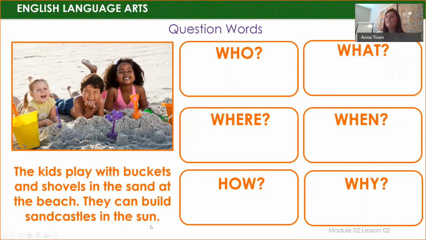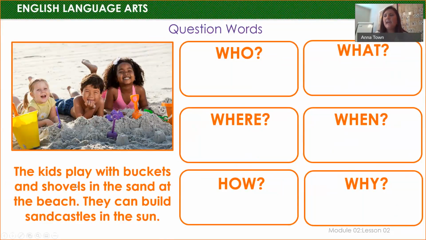How tells us how come. Why did something happen in the story? And how is a question about the way something is done. So I'm going to read our little story 2 times through, and then we're going to answer these 6 questions about our short story. Also take a look at the picture because the picture can help us.